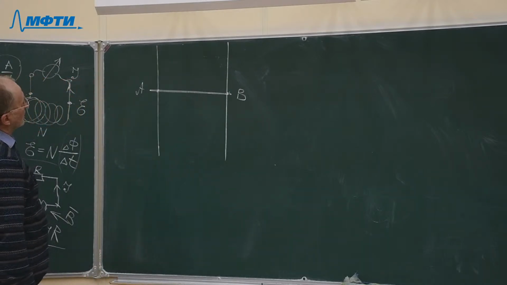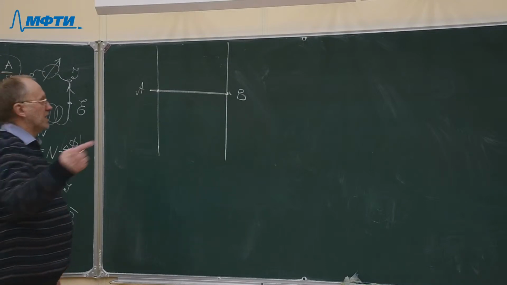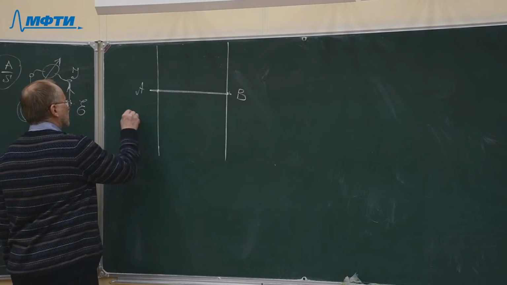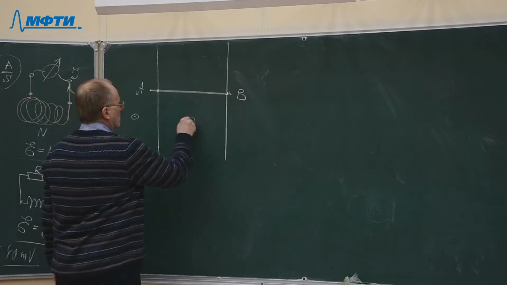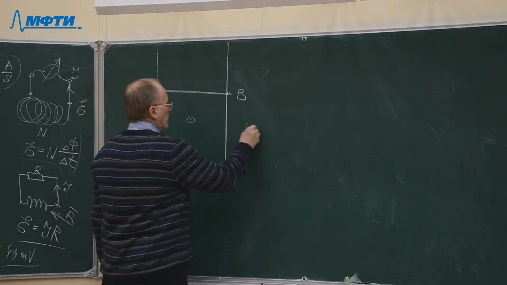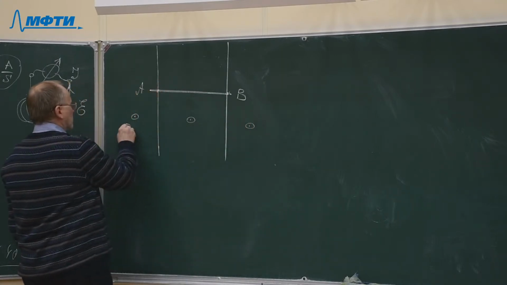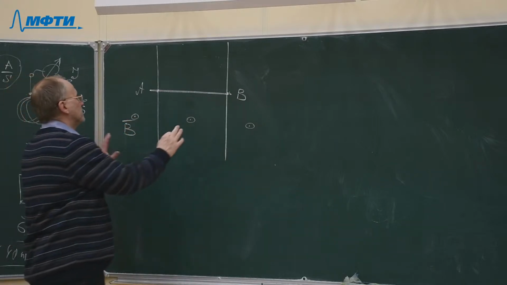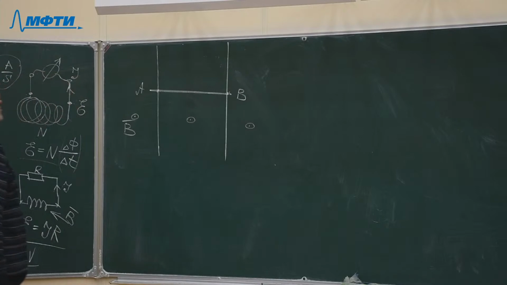And suppose there is a magnetic field here. The magnetic field goes perpendicularly to the blackboard, and it's directed in this way. So we have a uniform magnetic field.